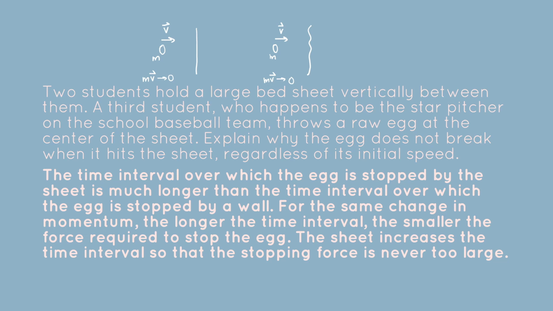The sheet will deform, and the time over which the force is exerted is very long. This is very different from throwing an egg against a wall, in which the time interval over which the egg is stopped by the wall is very short.